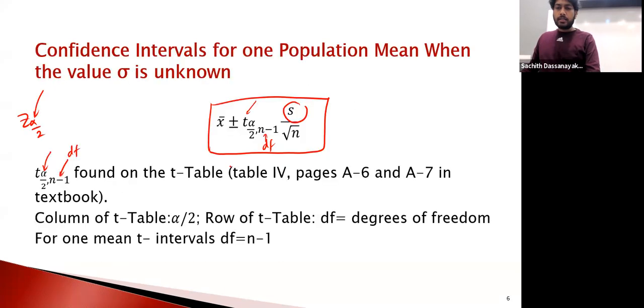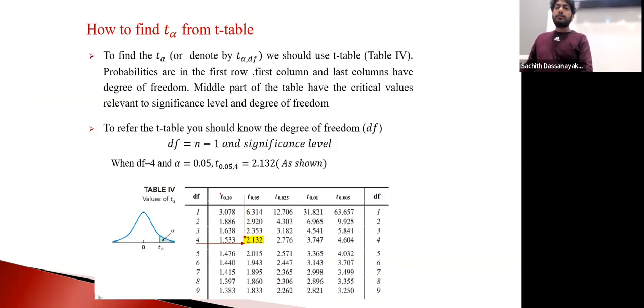Okay, let's check this one. This is the t table. If you need to find the value, you have t alpha over 2 here, and here you have degrees of freedom.